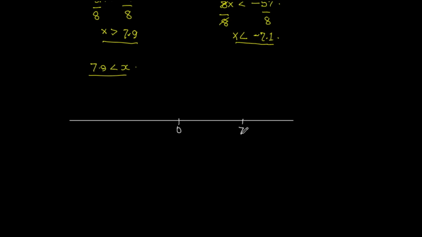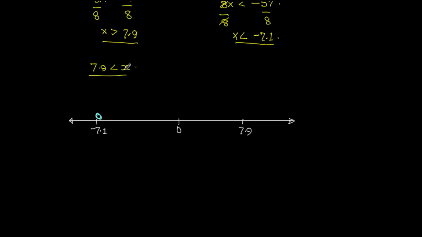So we have 7.9, then we have negative 7.1 on the left of 0, and this to the right of 0. Starting with the smallest one here, we can use our circle. Maybe let's use a different color.